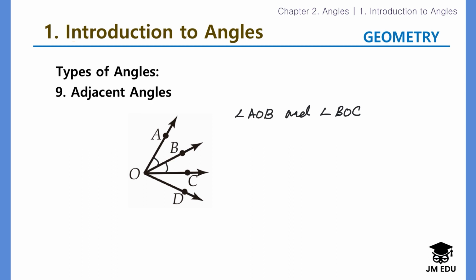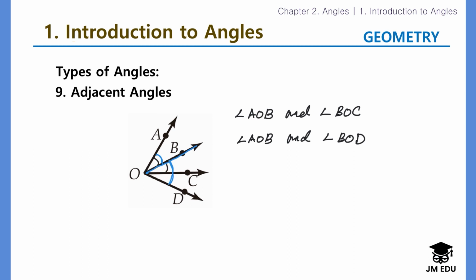Or we could have angle AOB, this angle right here, and angle BOD, this angle right here. These two angles are next to each other, right? They share a common side, right? Then these two angles are adjacent angles.